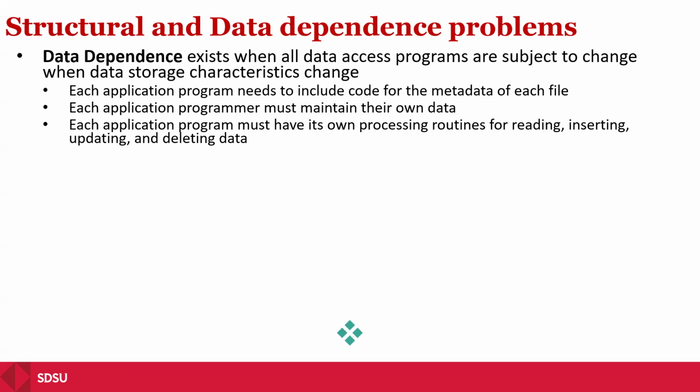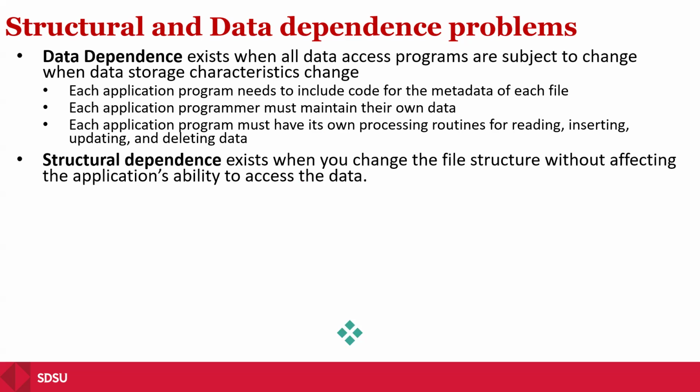Each programmer has his own metadata. They maintain their own version of the file. And again, every routine must change if data in the file is going to change. So that's data dependence.